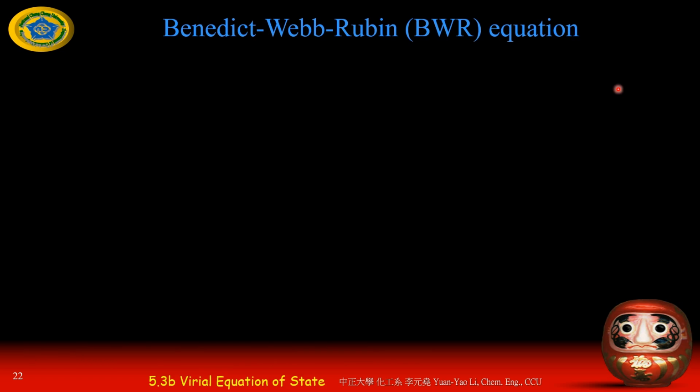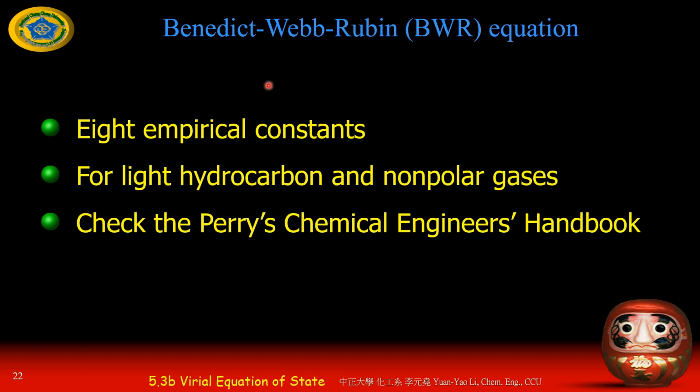Another equation is called Benedict-Webb-Rubin, we call it the BWR equation. There are many equations, and we don't want to introduce all of them because there are only minor changes. There are 8 empirical constants for light hydrocarbons and nonpolar gases.